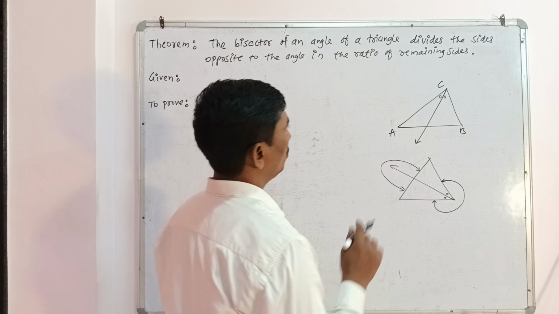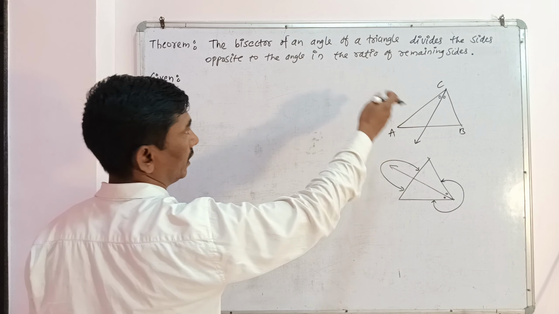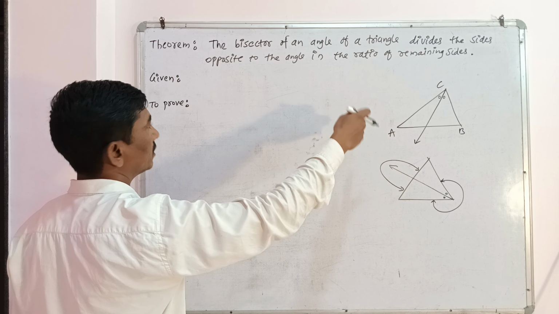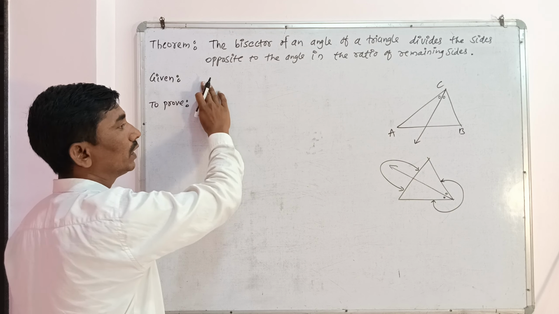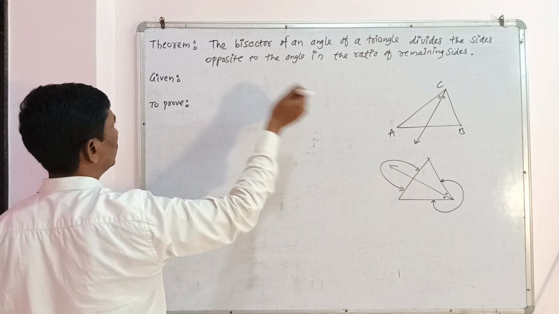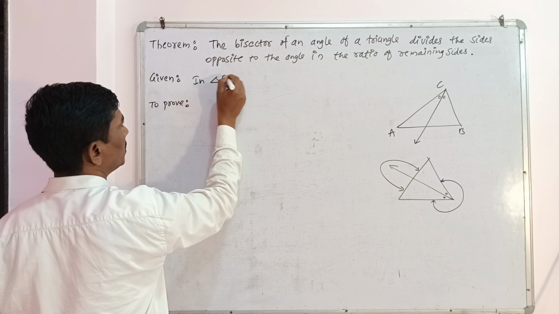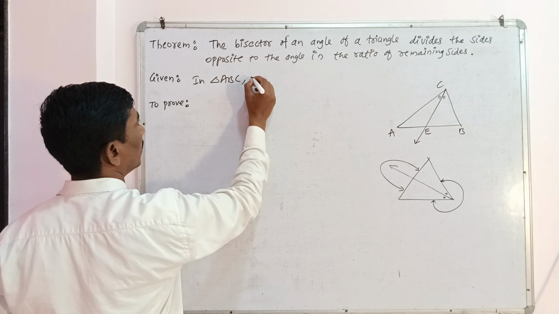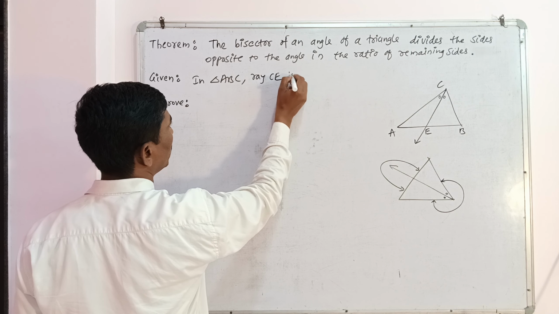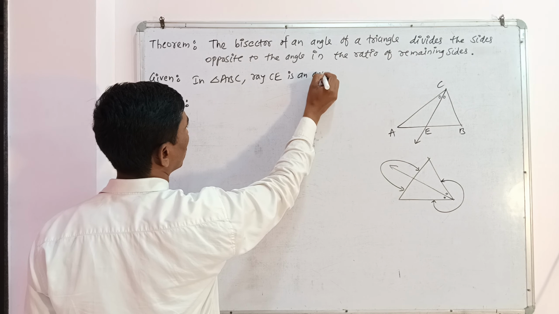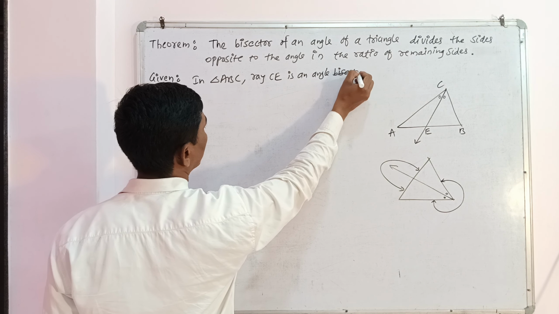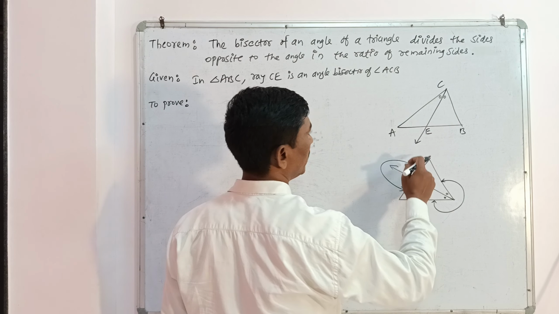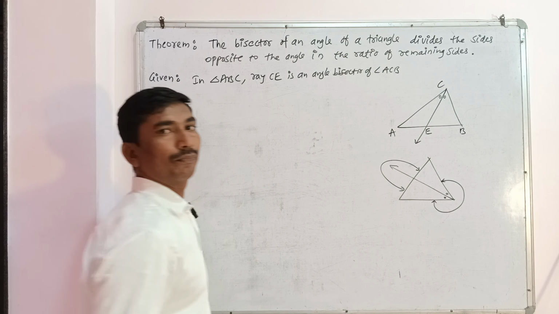Whatever the diagram is, we have to take the considerations into the given section of the theorem. So I will write it here. In triangle ABC, suppose I name this ray CE, ray CE is the angle bisector of angle ACB.